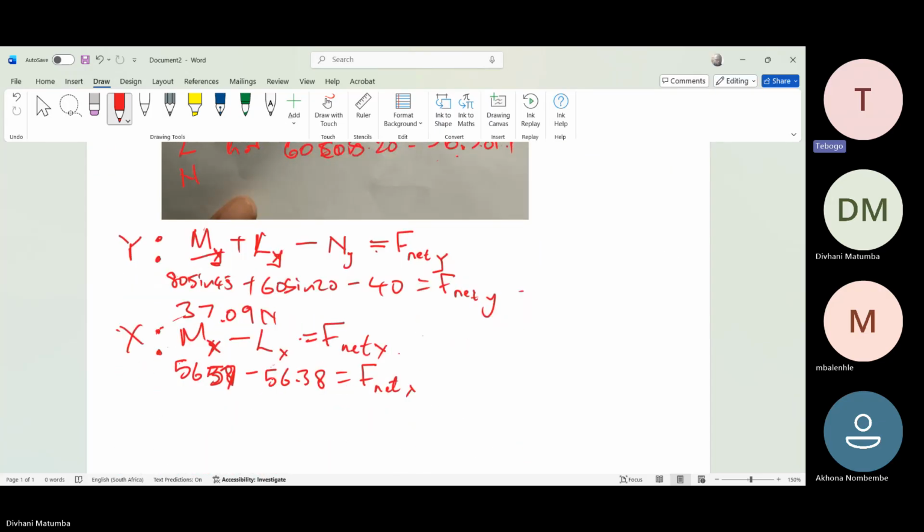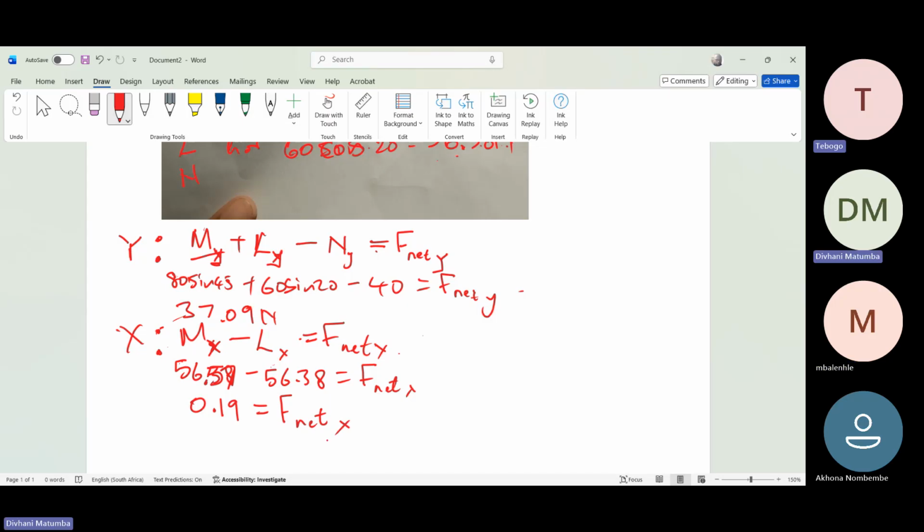So if we minus these two, we are going to get 56.57 minus 56.38. I got 0.19 equals F net in the X direction.